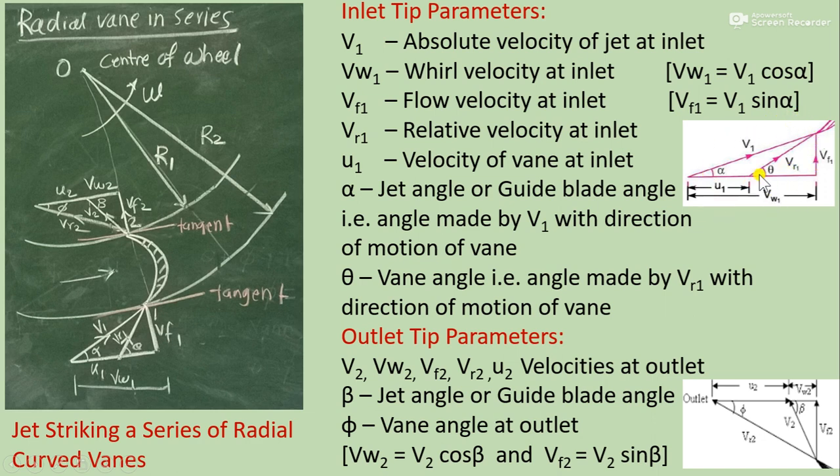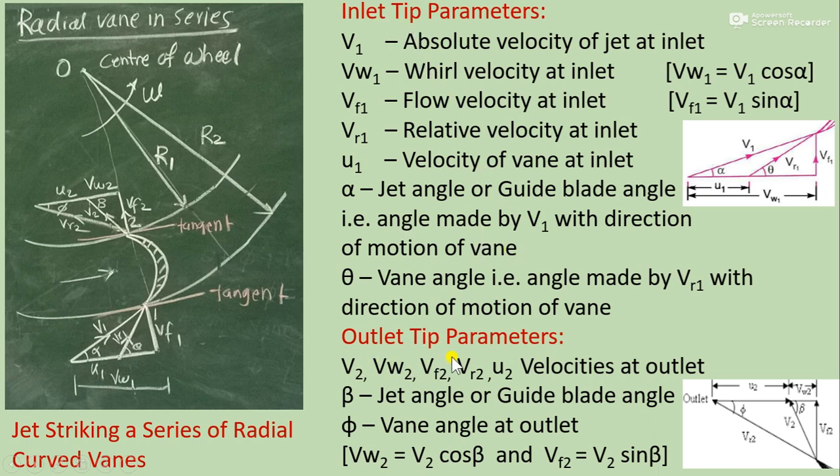In this triangle, the inside velocity is the relative velocity, and U1 is the inlet blade velocity. As far as angles are concerned, the angle made by the absolute velocity at inlet with the horizontal is alpha, known as the jet angle or guide blade angle, while the angle made by the relative velocity at inlet, that is theta, is known as the vane angle.